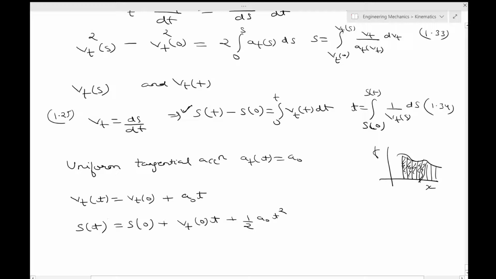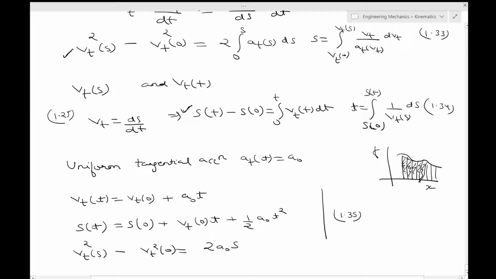And then the last is coming from over here, which is 1.33, that would be Vt of s whole square minus Vt square of 0 equal to 2 a naught s. This is 1.35.